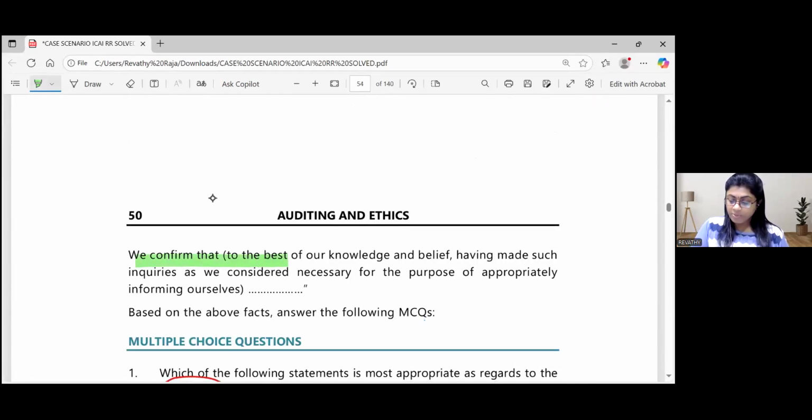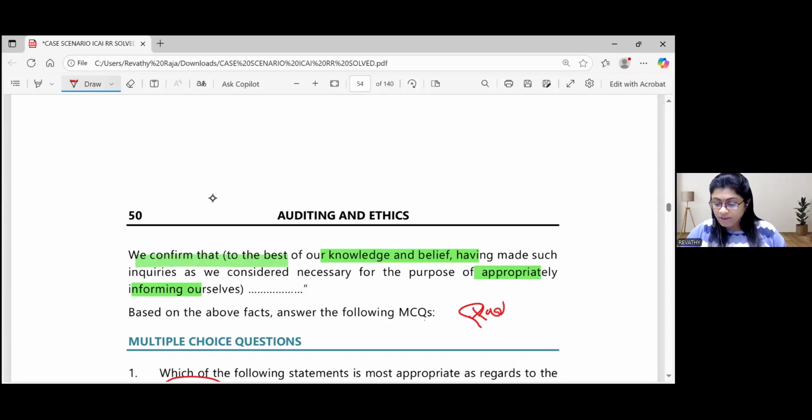We confirm to the best of our knowledge and belief that our inquiry is necessary for the purpose. These wordings are called the qualifying language.